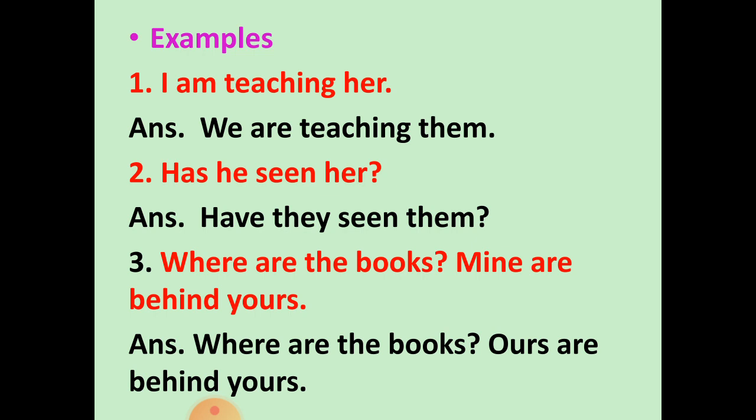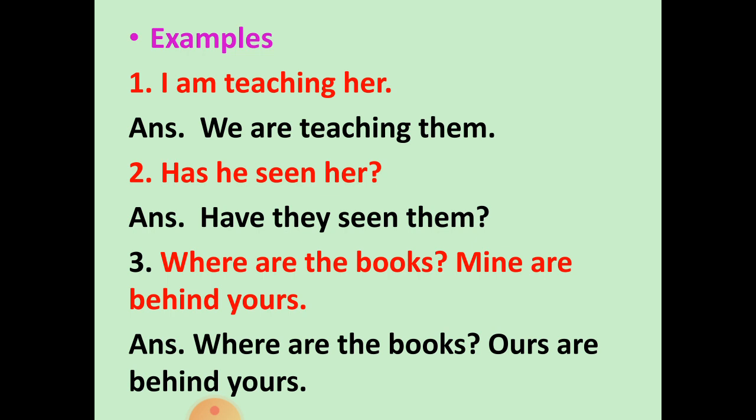So the answer will be we are teaching them. Second sentence is has he seen her? Again here the pronoun he will become they, and her will become them. When the subject changes, the verb will also change. So the answer will be have they seen them.